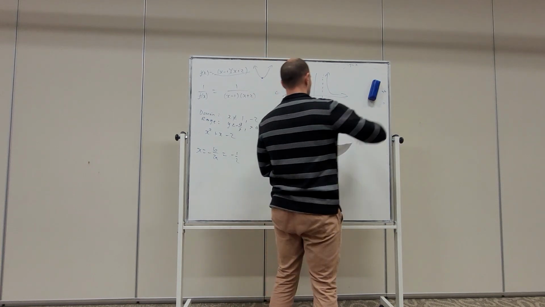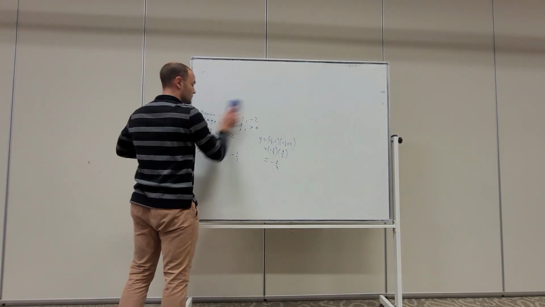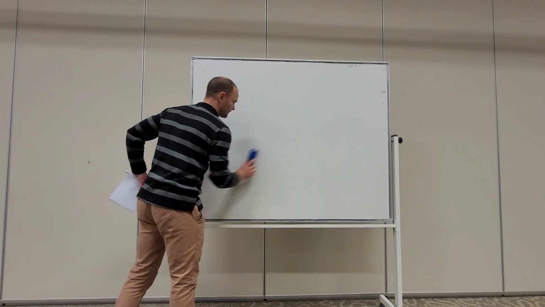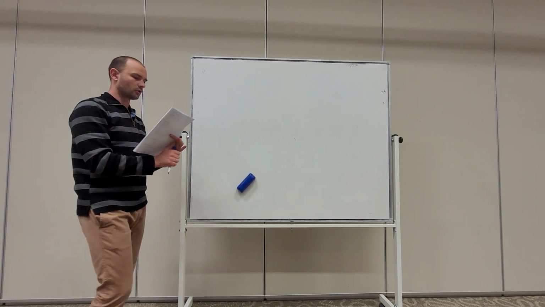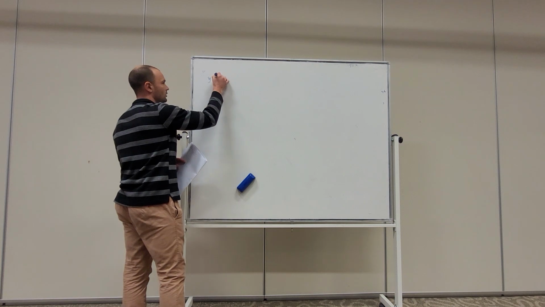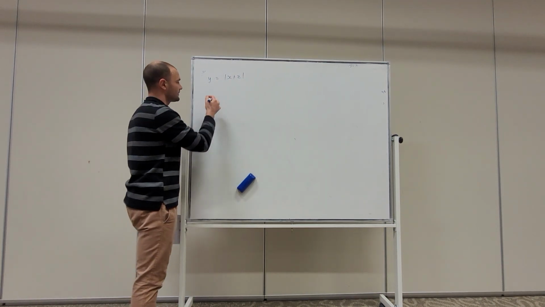So this is going to be a good recap for us for absolute value functions. Define the following algebraically and graph. So we have y equals the absolute value of x plus 2. This is how we define it.